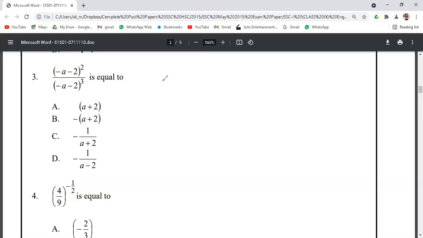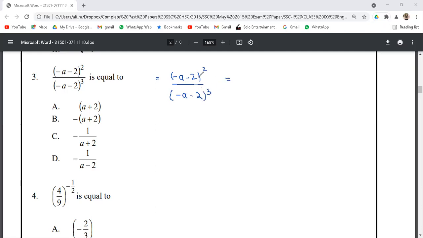And in this question, we have to simplify this expression, and it is this. We have to give the result in the simplified form. So as we can see that we have the same factor in the numerator and denominator, that is a minus 2 whole square divided by minus a minus 2 whole cube.